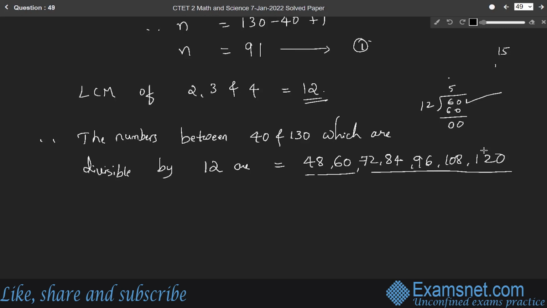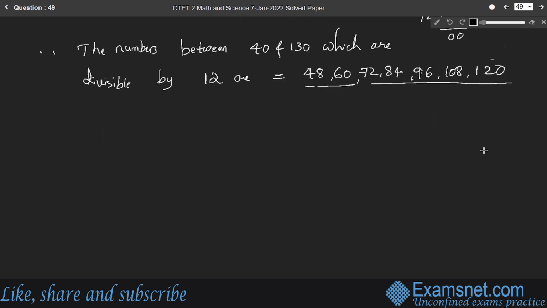So there are 7 numbers, 1, 2, 3, 4, 5, 6, 7, which are divisible by 12 between 40 and 130, right?